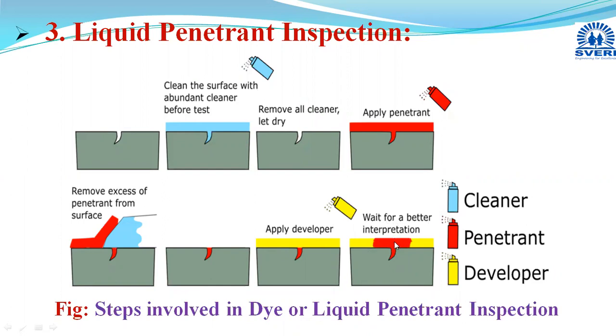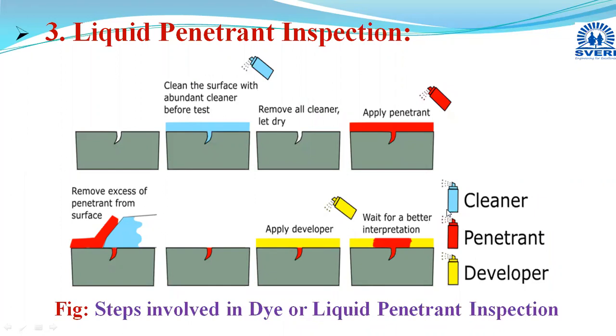In this way, with the help of the cleaner, penetrant and developer, by following these stages, we can determine cracks with the help of dye penetrant or liquid penetrant inspection.